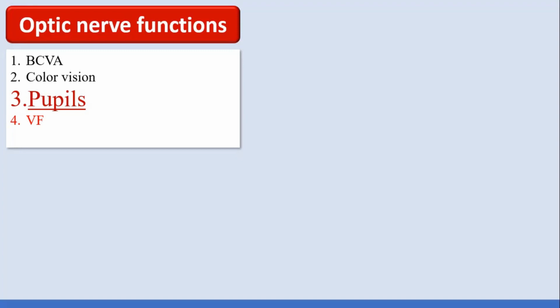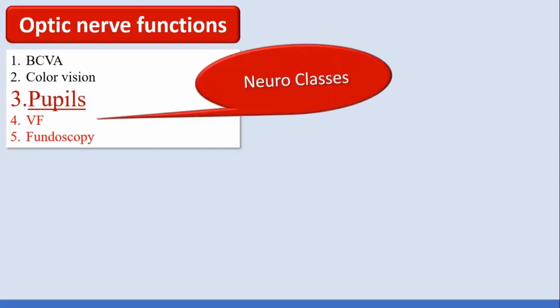It's one of the optic nerve function evaluations. And fundoscopy or fundus examination, as you said. You added contrast, correct, and brightness sensitivity, also correct. But these are the points I listed in my slide. The detailed description of how we assess pupils and visual field will be covered in neuro classes.